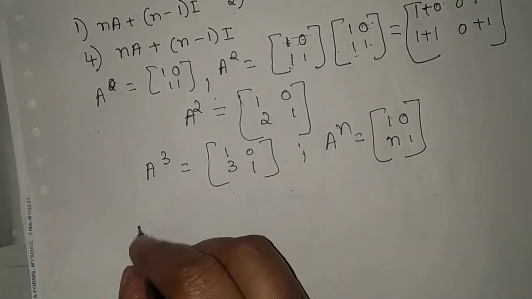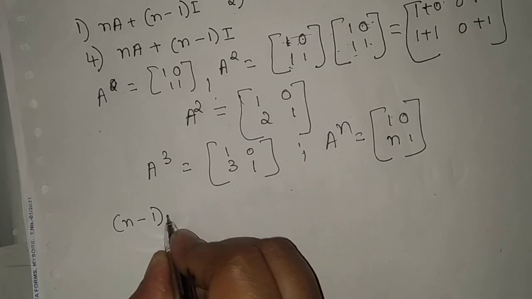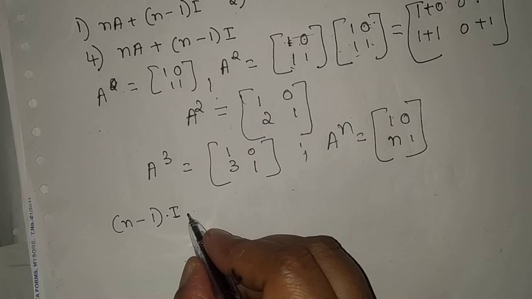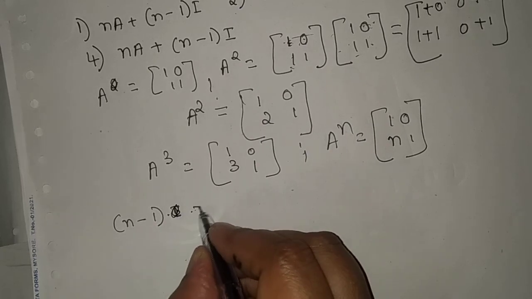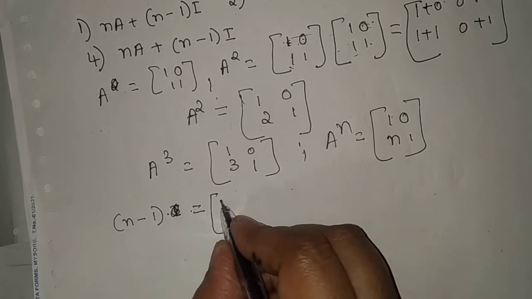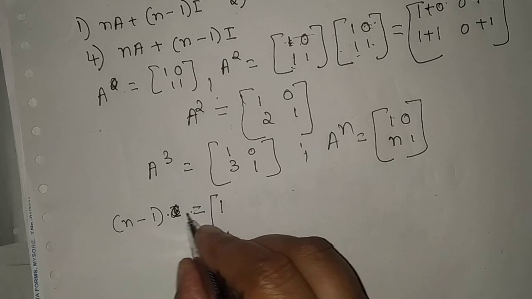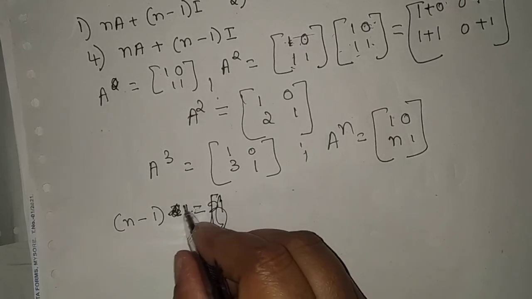So now we can write, next step is n minus 1 into I. So what is I? n minus 1 can be written as n minus 1. I'll just write here, substitute here, means n minus 1 into I.